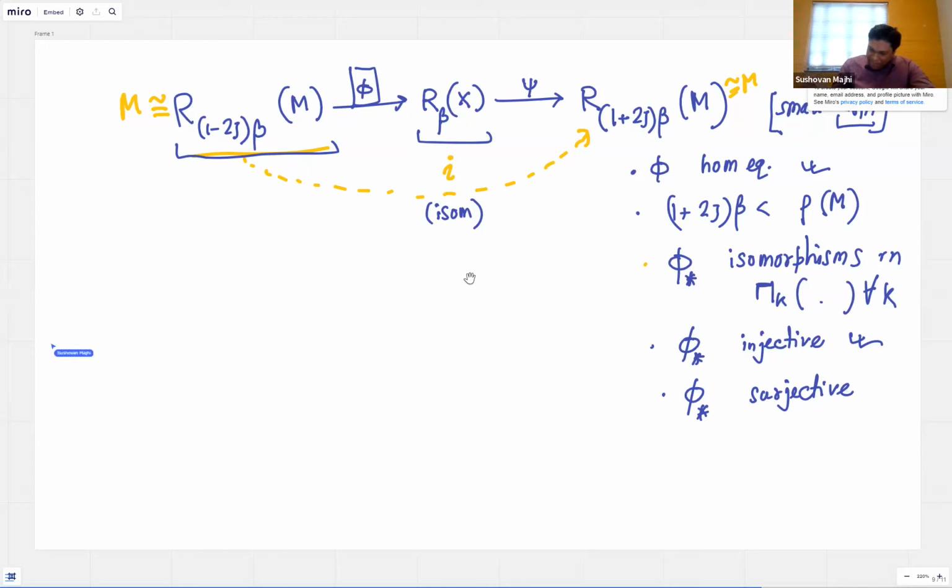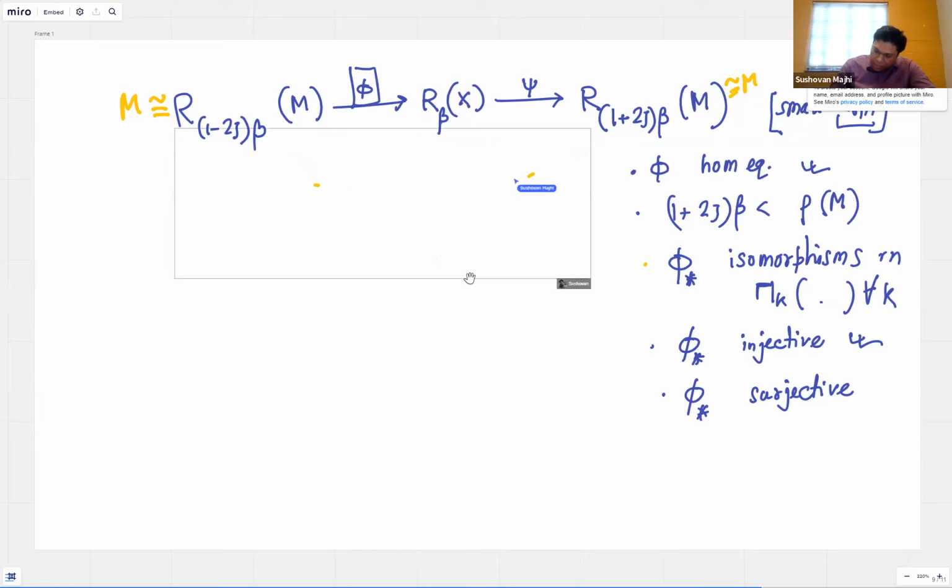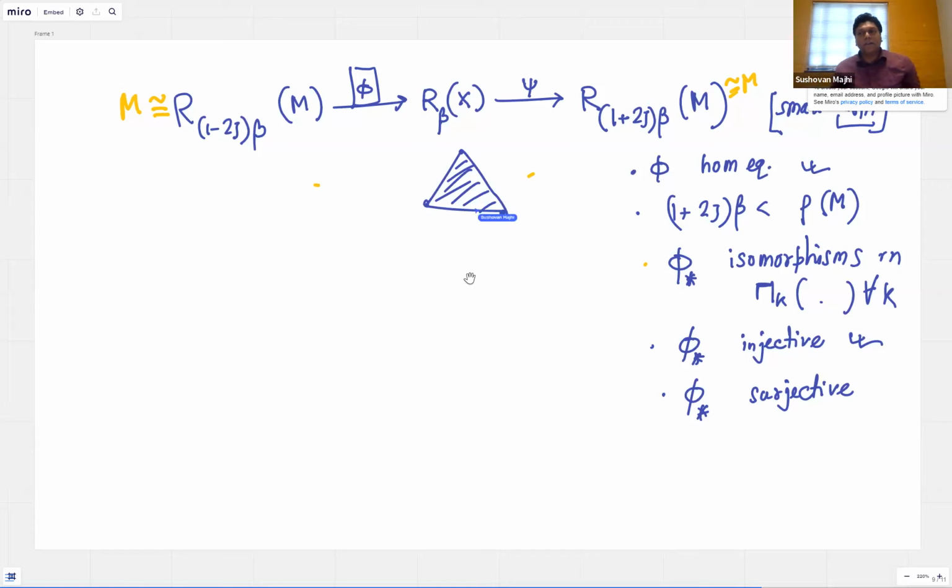The technique that we used is, let me erase some part of it. Let's erase this from here. The idea was that if we take a simplex from here, let's pretend that we have the geometric realization of the space.